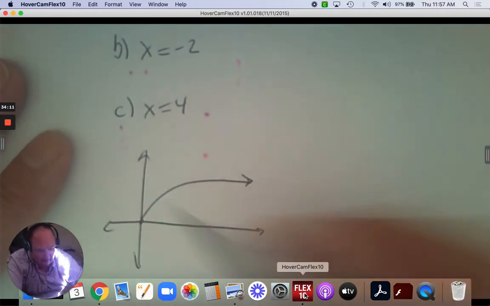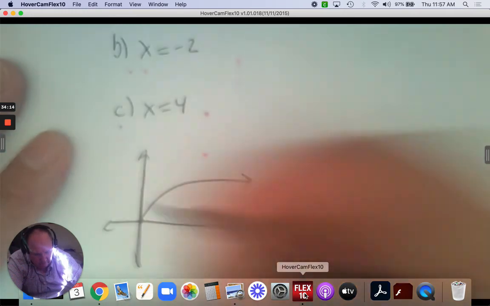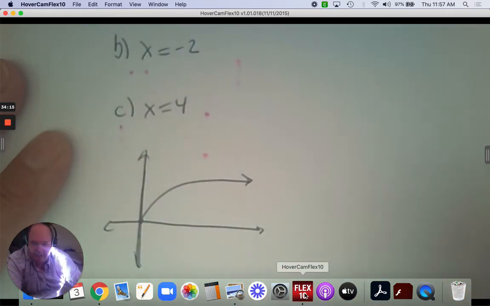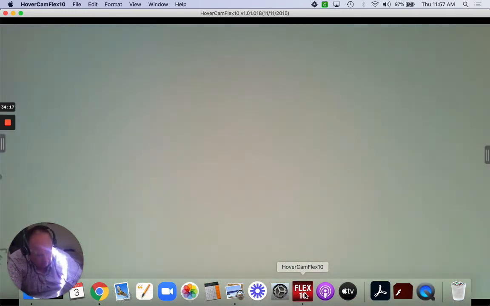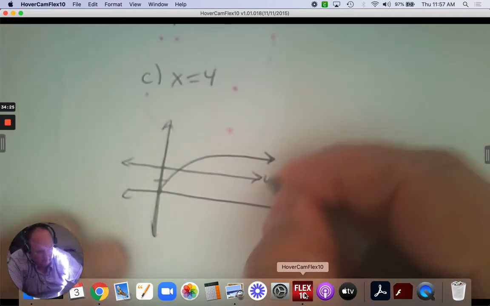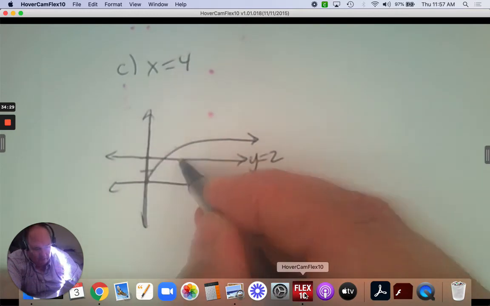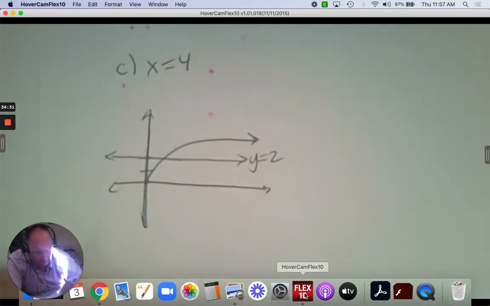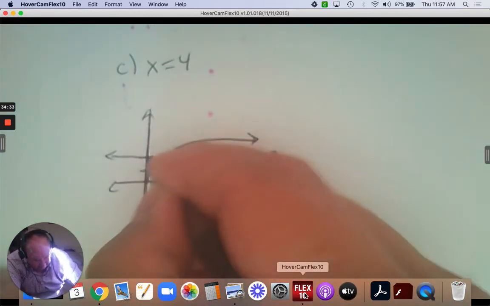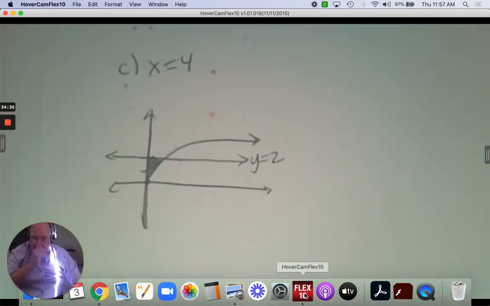Then I have x equals 0, which is this, and I have y equals 2. The curve, y equals 2 and x equals 0, I need you to shade in. It's that part right there that's shaded in.